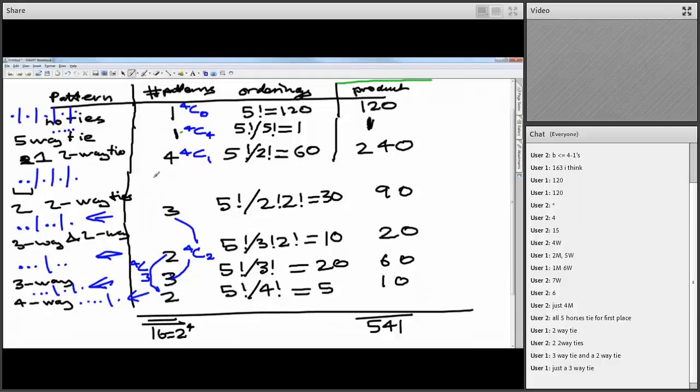So you can count the number of partitions, the number of ways of breaking things up into different groups. So these combinations can be used as well to count the number of partitions and various stuff. And therefore the total number of partitions you can have in this situation is 16.